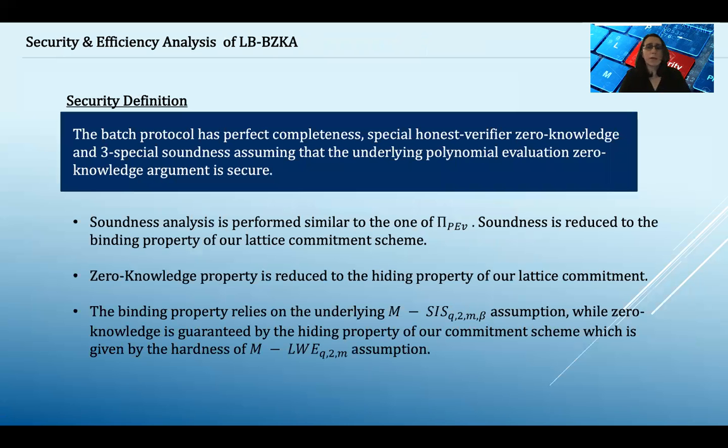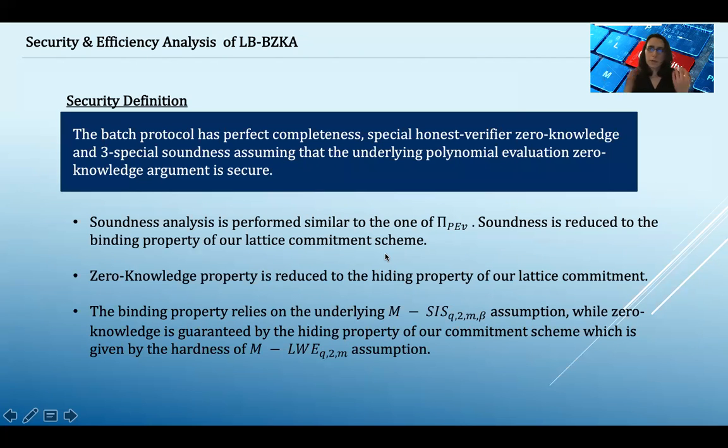On the security analysis and efficiency, I only briefly mention the security definition. The batch protocol also achieves perfect completeness, special honest-verifier zero knowledge, and special soundness, assuming that the underlying polynomial evaluation zero knowledge argument is secure.